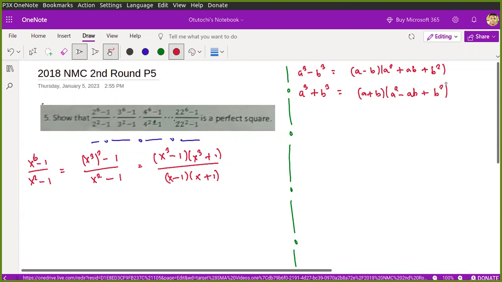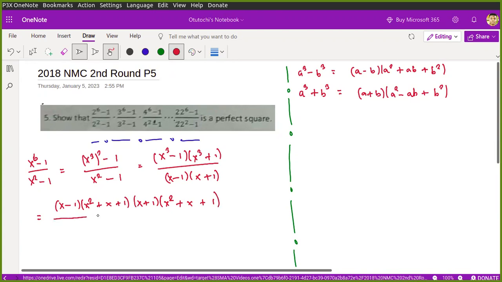So let's use that. Of course, this is 1 cubed, so we can use that for the numerator. And that gives us x cubed minus 1 cubed gives us x minus 1 times x squared plus x times 1, which is x, then of course 1 squared is 1. Then times x cubed plus 1 cubed will give us x plus 1 times x squared minus x times 1, which is x, and 1 squared is 1.